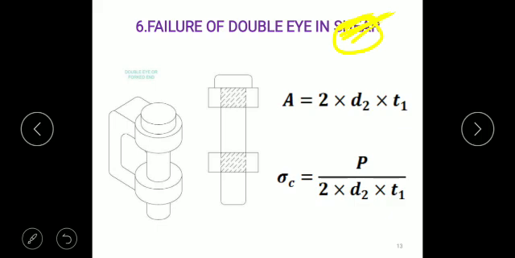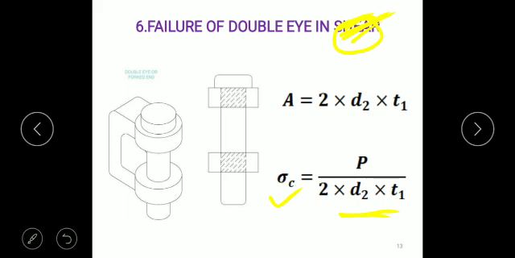If these induced stresses are less than the allowable stresses, then whatever dimensions we assume from the standard proportion are safe. If we put the values of these stresses and get the value of d2, the diameter of the pin or the fork end, we select the maximum one from these three, and that will be used for the further design calculation.